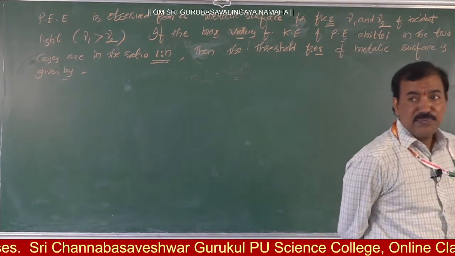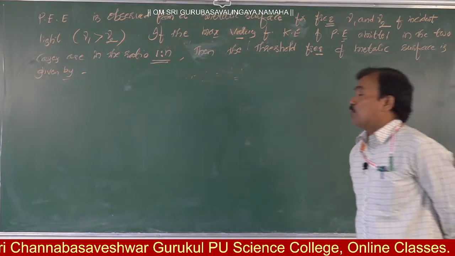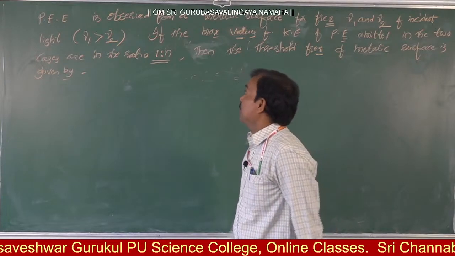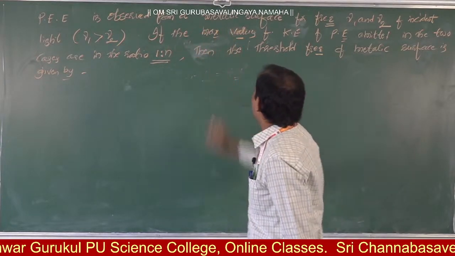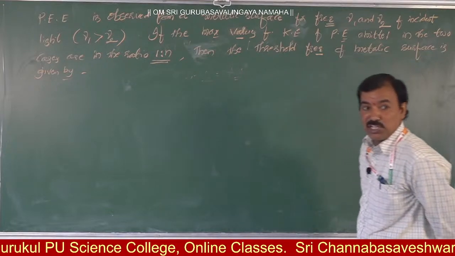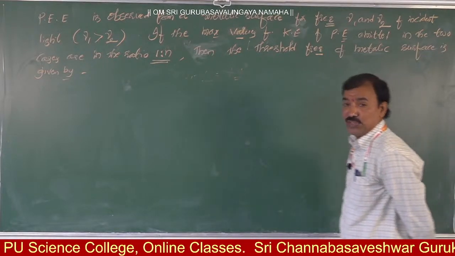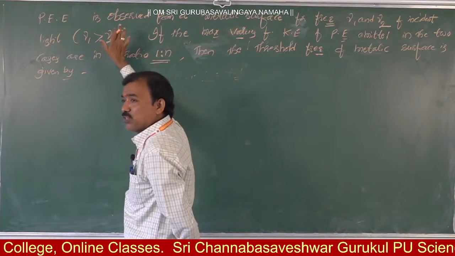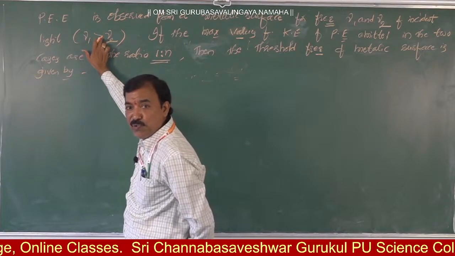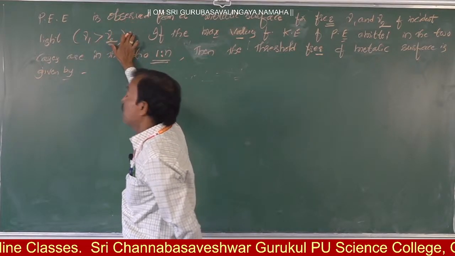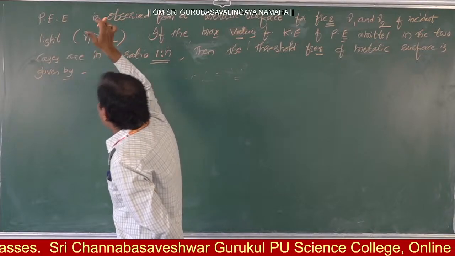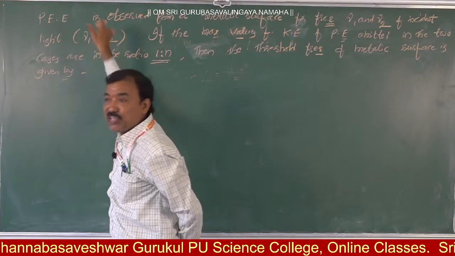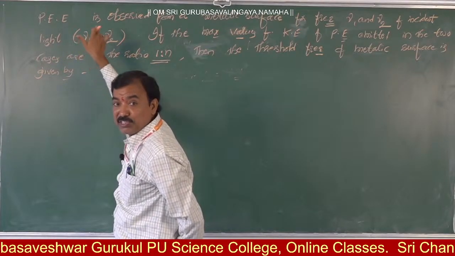One application. The photoelectric effect is observed from the metallic surface. Again, here two light frequencies are given. The first frequency of light is nu1 and the second is nu2, with the condition that nu1 is greater than nu2.